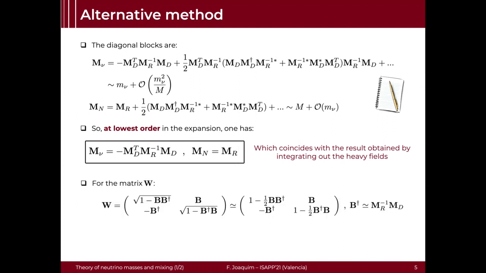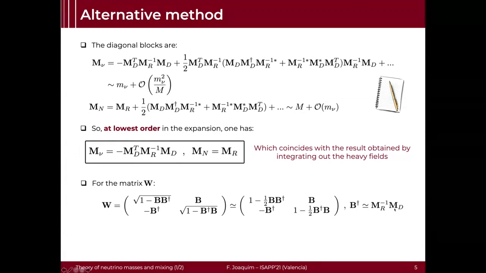Now, for the matrix W, this matrix is important because it's the one which will help you connect the heavy and the light neutrino sector. So you can show that it's enough to go to first order in the expansion of these square roots, and you conclude that B, or B dagger if you want, is M-1 MD.